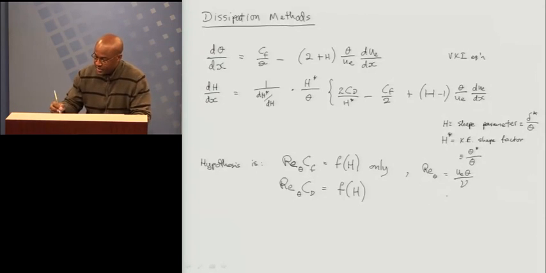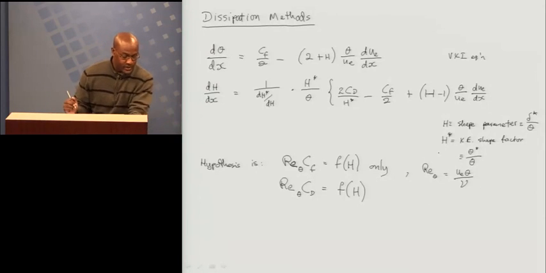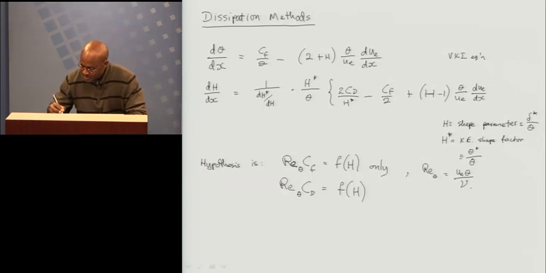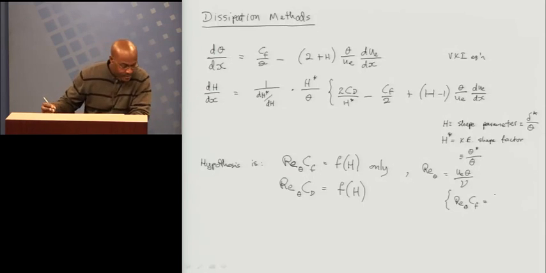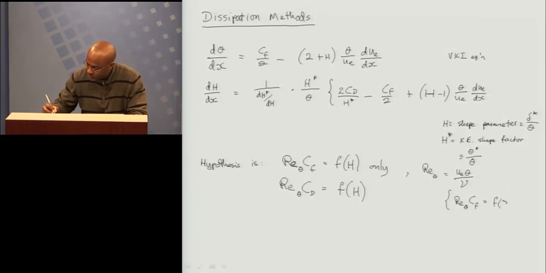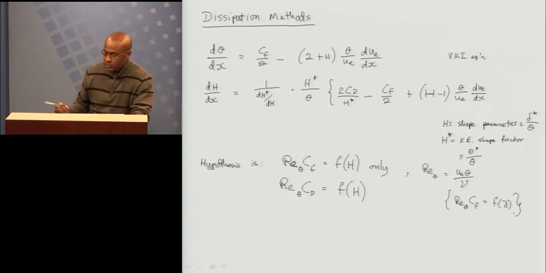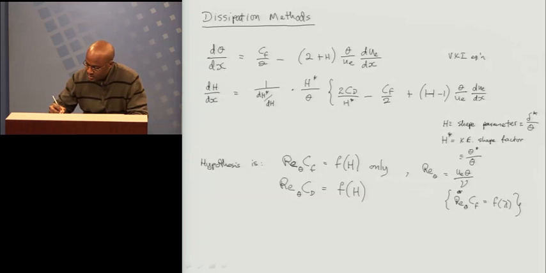And this definition is a bit different than what we would have seen for the one equation systems, where we defined our quantities such that Re theta, Cf was a function of this lambda parameter. Okay, so this was the one equation method, and in particular that's what Thwaites' method was.